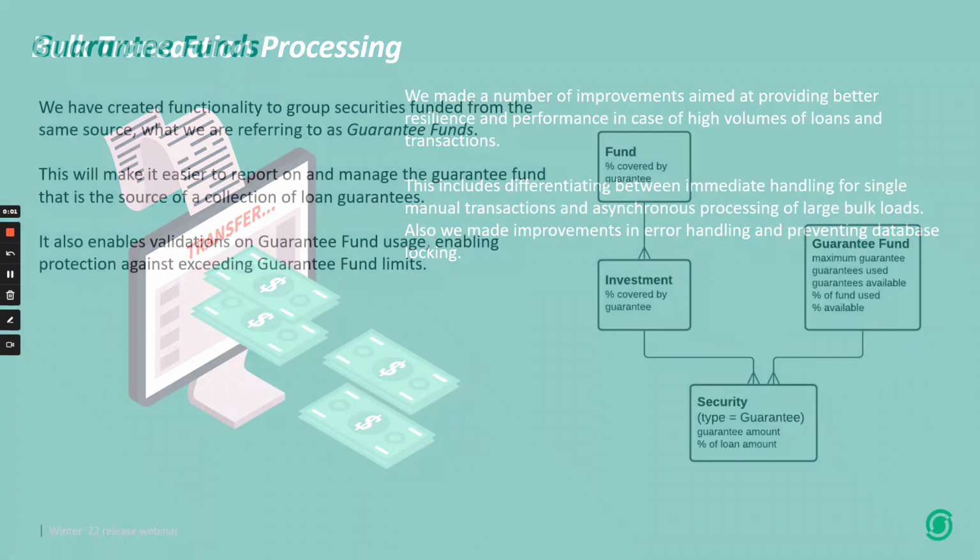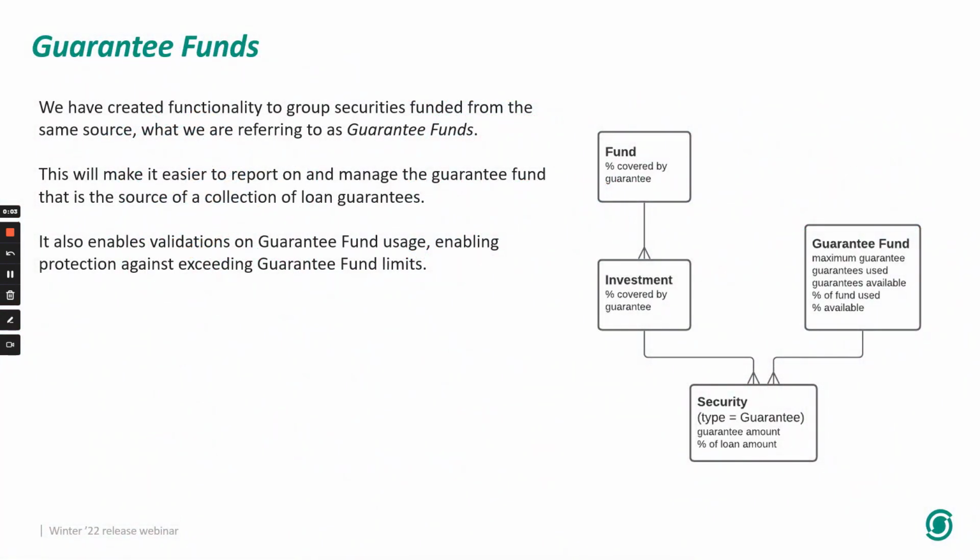The next enhancement to discuss is guarantee funds. We already had functionality around guarantees. We have the possibility to track guarantees against your investment. And in Winter 22, we're adding guarantee fund functionality.